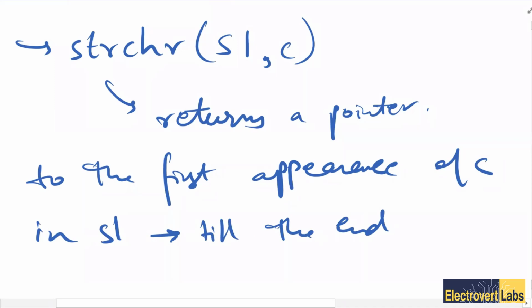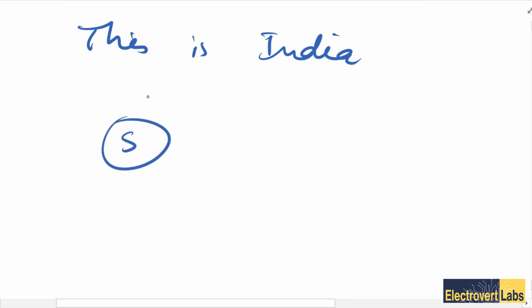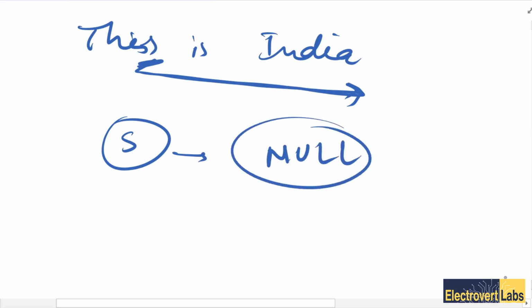For example, if you have a string like this is India, and you use this function with the character S, what is the first appearance of S? Here. So right from here till the end, this entire thing will be referred to by that pointer. And if the character is not present in your string, the function will return null.